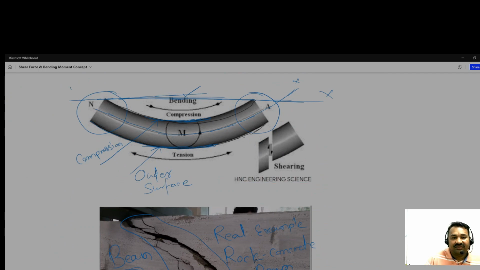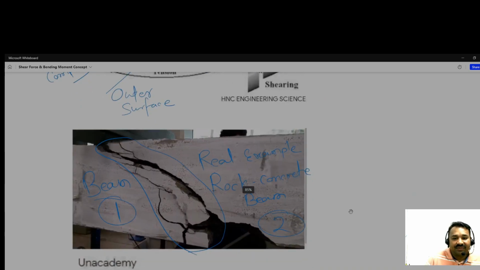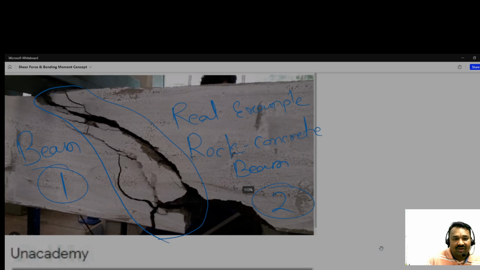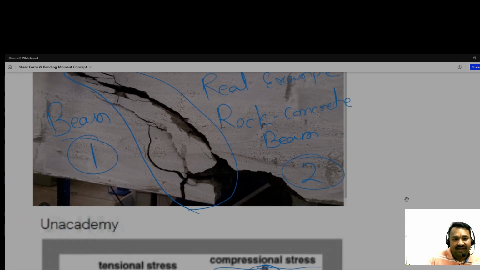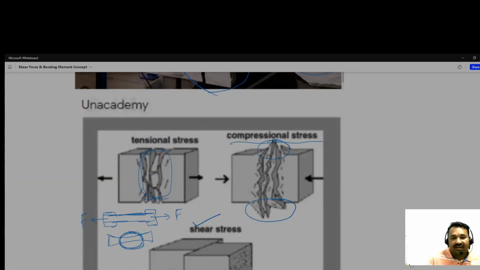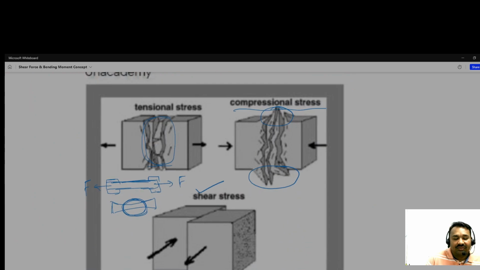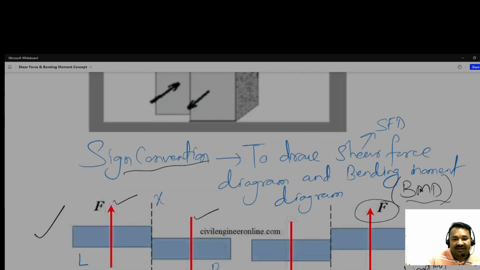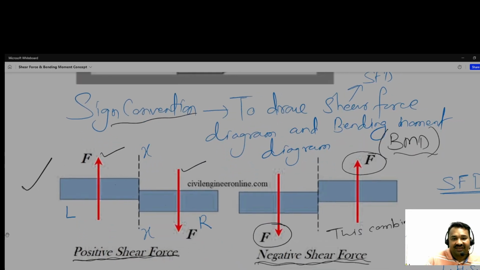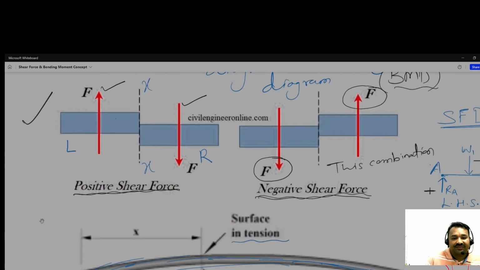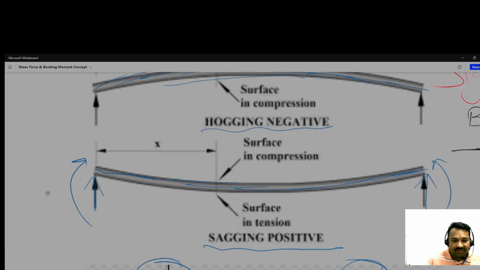There may be possibilities that the beam can be deformed either due to shear force or due to bending, and this is a real example of how the beam got cracked here, and this is what happened in the beam due to tension, compression, the shear. And then the sign convention we have discussed for shear force and for the bending moment.